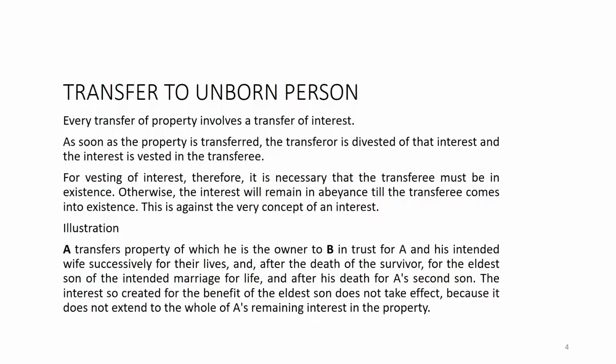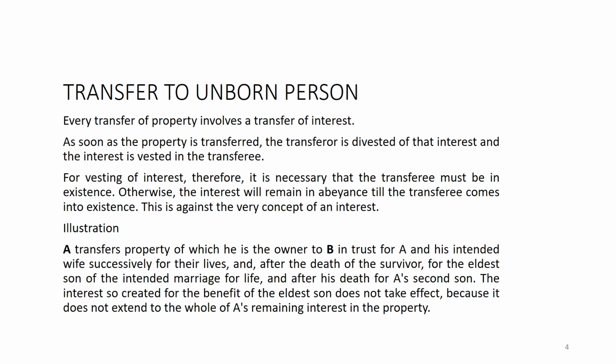Okay. So, the illustration has been mentioned under Section 13 itself, which says that A transfers property of which he is the owner to B in trust for A and his intended wife successively for their lives.